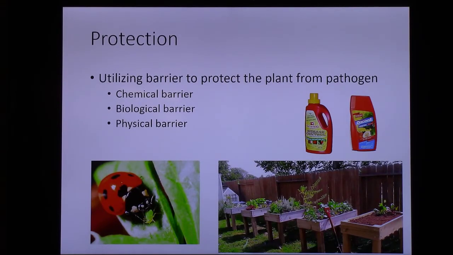Protection, you can utilize some sort of barrier between the plant and the pathogen. This might be a chemical barrier such as some sort of fungicide or an insecticide. It might be some sort of biological barrier, maybe companion plants.